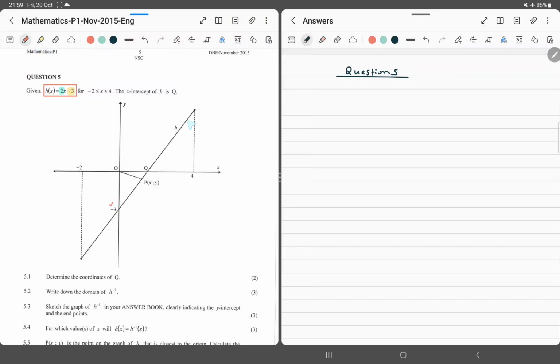So this is definitely the graph we are talking about. Positive gradient with the same y-intercept. So that is the signature of our graph. And then we are told the x-intercept of h is q. If q is the x-intercept, it means it's some x value and 0, because the x-intercept implies y is 0. Then we've got a function, so we can work that out, not a problem.